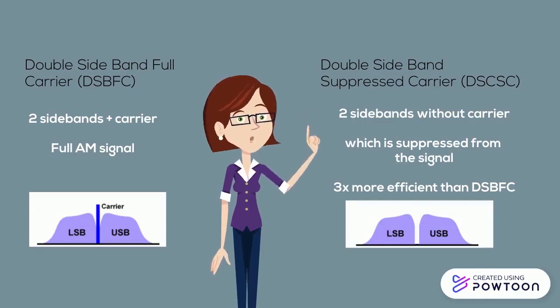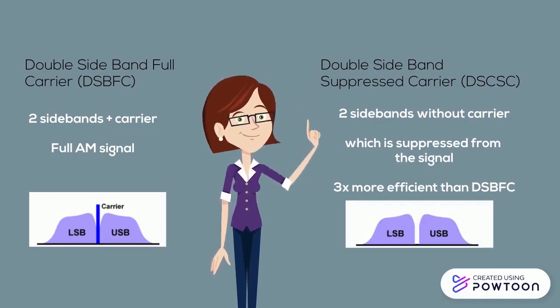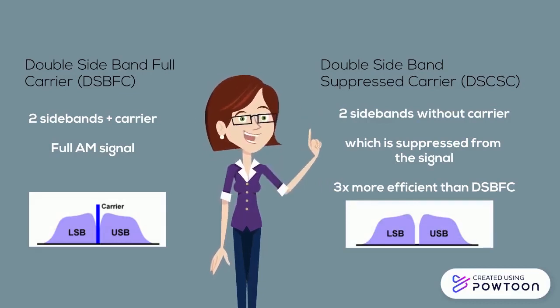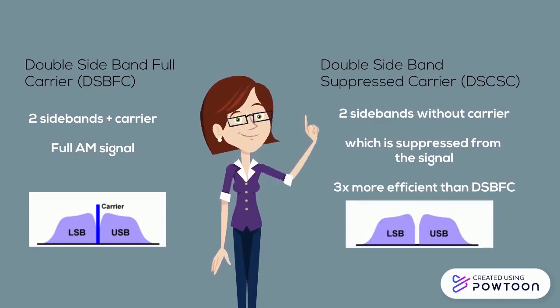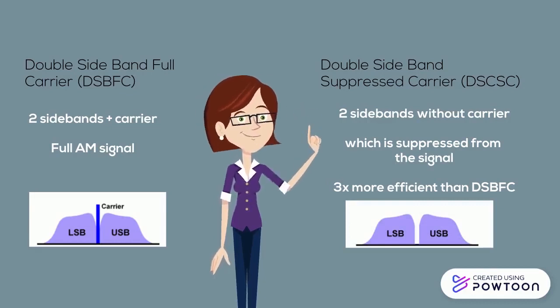The carrier is suppressed from the signal, which makes it 3 times more efficient than the DSBFC or the full AM signal. Suppressing the carrier from the signal makes it more efficient than the full AM signal. Both of these are modulation techniques used in the AM or amplitude modulation frequency spectrum.